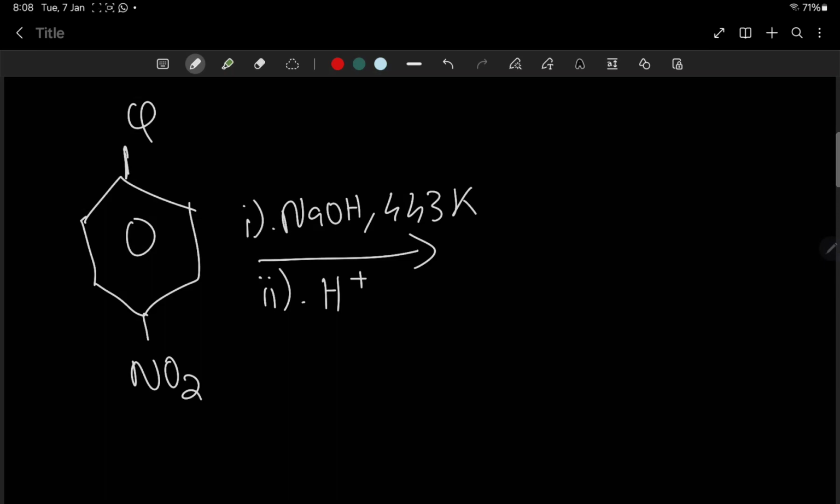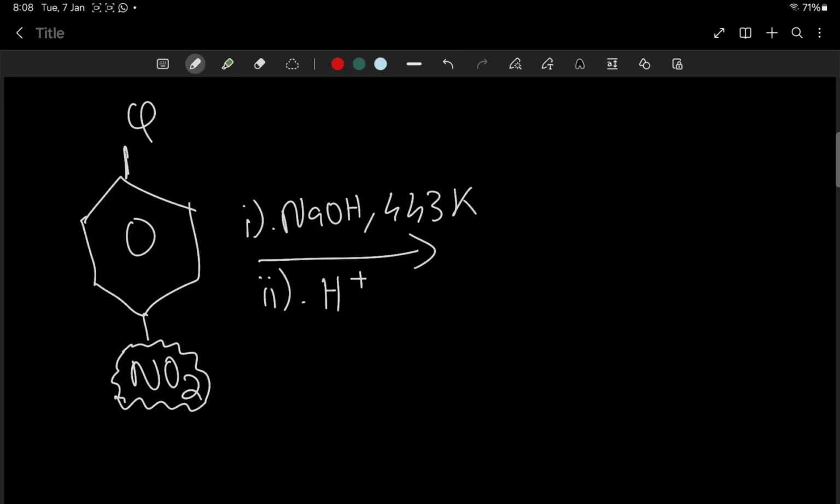The reason is that this NO2 group has a special mechanism. You just learn that when the NO2 group is present, there are extra resonance structures for this compound. Hence NO2 makes nucleophilic substitution of the compound easier.